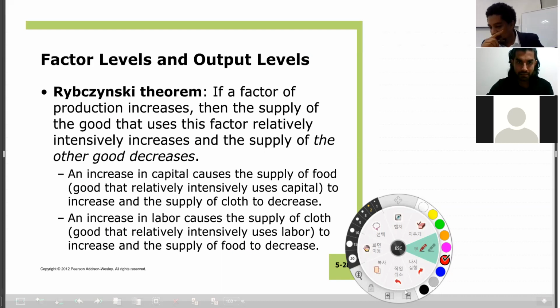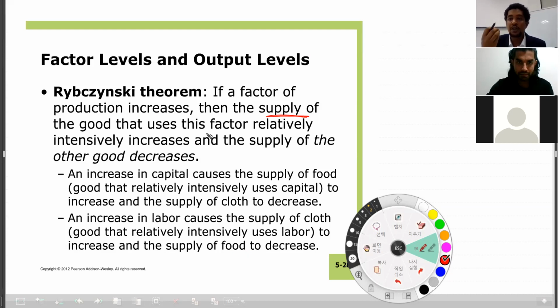Okay, so the Rybczynski theory is about factors of production. As a factor of production increases, then the supply of the good that uses this factor relatively intensively increases, and the supply of the other good decreases. So when factors of production increase, it's obvious that the supply of one of the goods will increase. But as I have already said, when you increase the production of food, for example, it implies that you have to decrease the production of clothes, right?